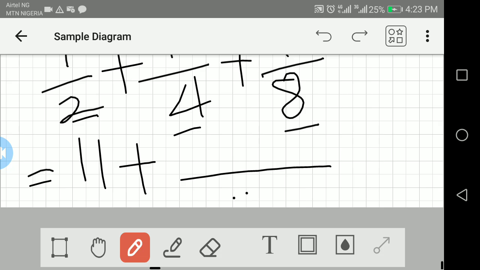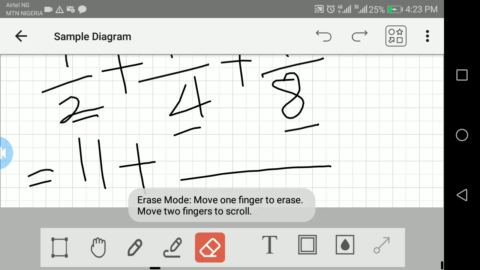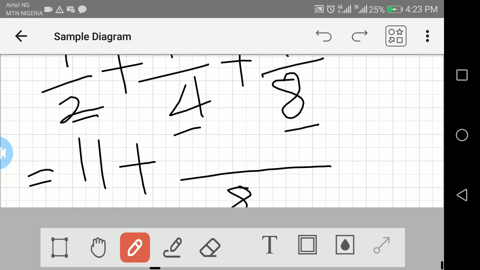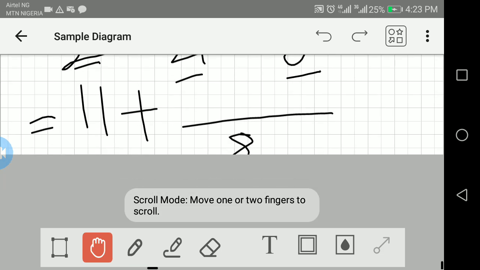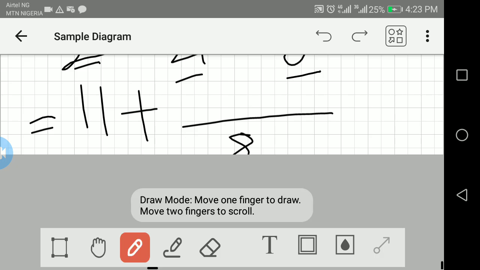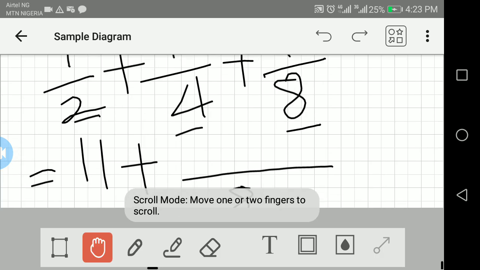So we have 8. Now let's do this. So it's going to be this 8 divided by 2, 8 divided by 2, 8 divided by 2.